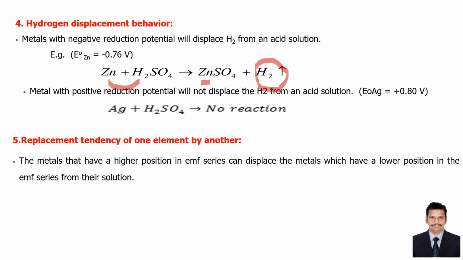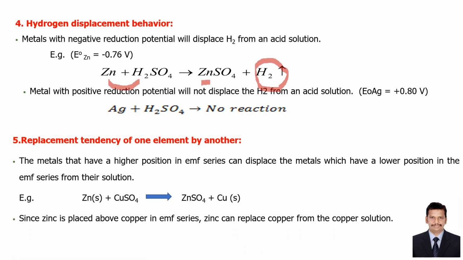For example, we know that zinc will displace copper from a solution. We know the standard electrode potentials of copper as well as zinc. You can see that zinc reacts with copper sulfate, the zinc replaces the copper, and you get zinc sulfate plus copper. Zinc is placed above copper in the EMF series, so zinc can replace copper from copper solution.